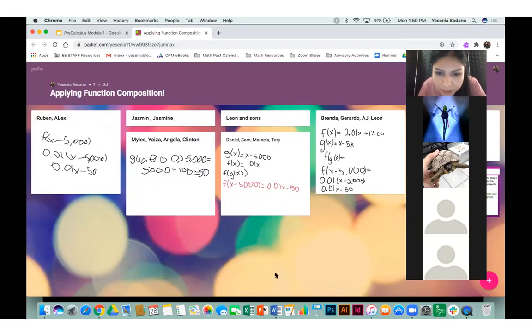Just like in the last problem, you didn't get the extra profit unless you made that money first. And you need to make the 5,000 first, or else you wouldn't get any bonus. Yes, that's correct. So this is the correct setup, f of g of x, because g here represents first you are getting the commission. You got to get the money first in order for you to then take 1% of that.